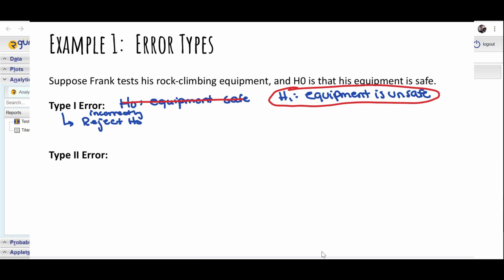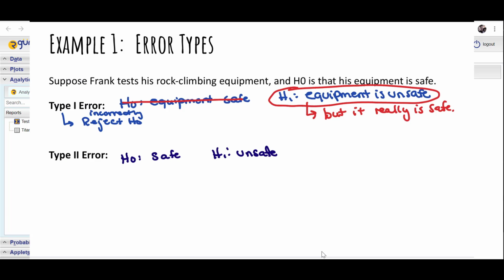We're saying that the equipment is unsafe, but it really is safe. That's what a type 1 error would mean. All right, rewriting this again, I'm just going to say H0 is safe, and then H1 is unsafe, just to save time.